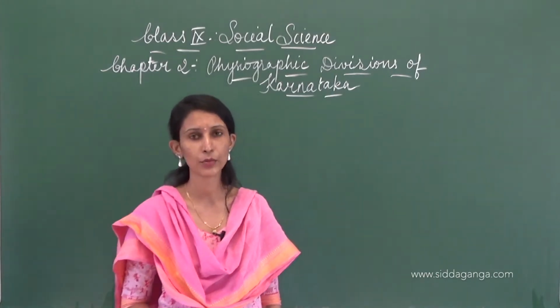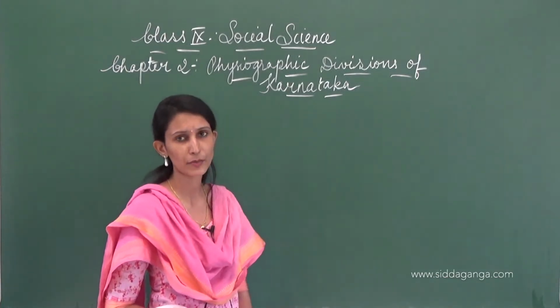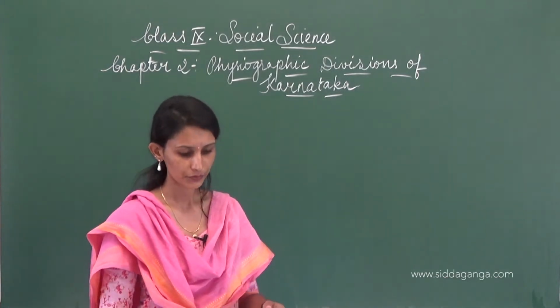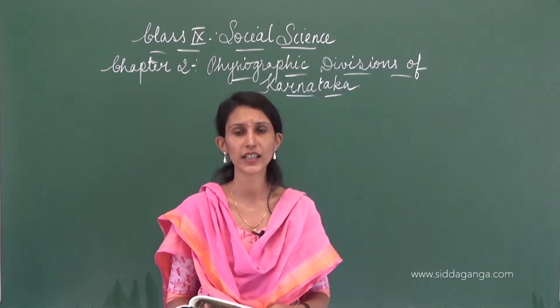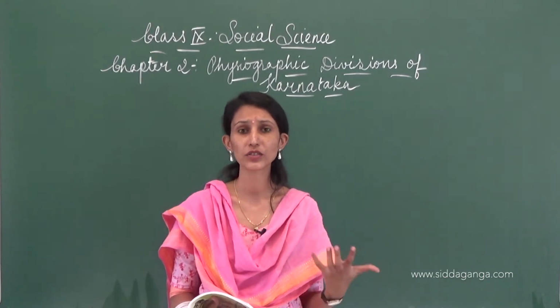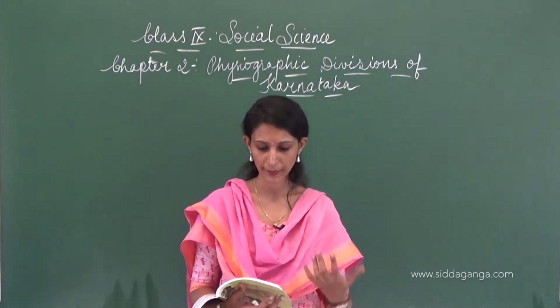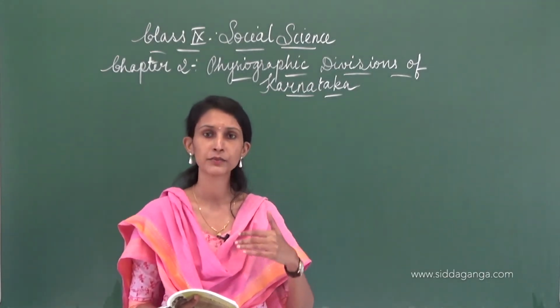So today we are going to take up physiographic divisions of Karnataka, the second chapter under your geography. In this chapter, you are going to study the features of Karnataka, what's so beautiful about Karnataka, the divisions that we have. We will go one by one.